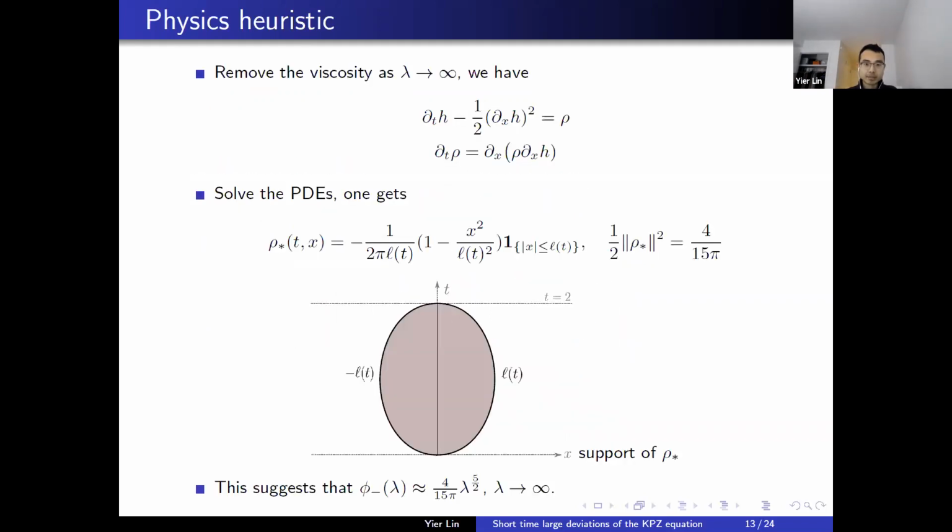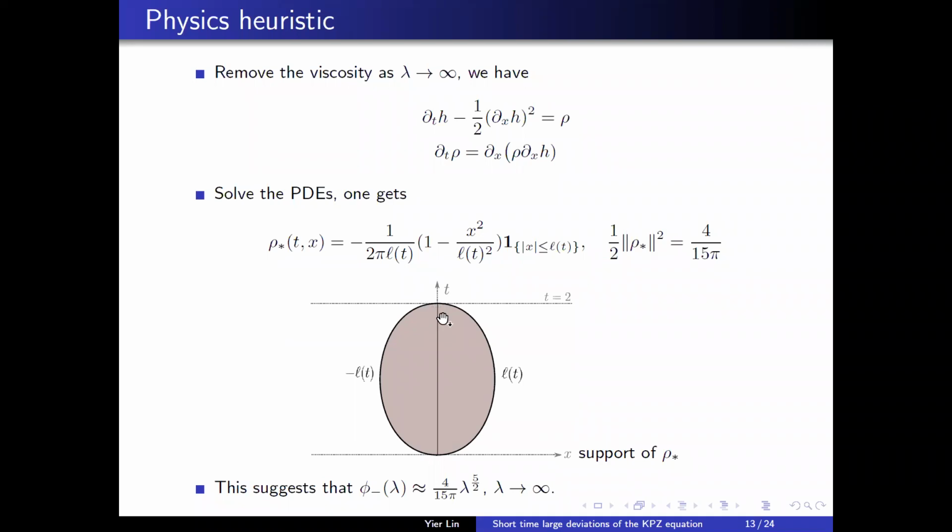This formula tells you that indeed it satisfies this boundary condition, because if you look at the form of LT, it goes to 0 when t goes to 2. Given this expression, outside this support, when x is away from 0, the value of rho is just 0, and at 0 it's a delta function.